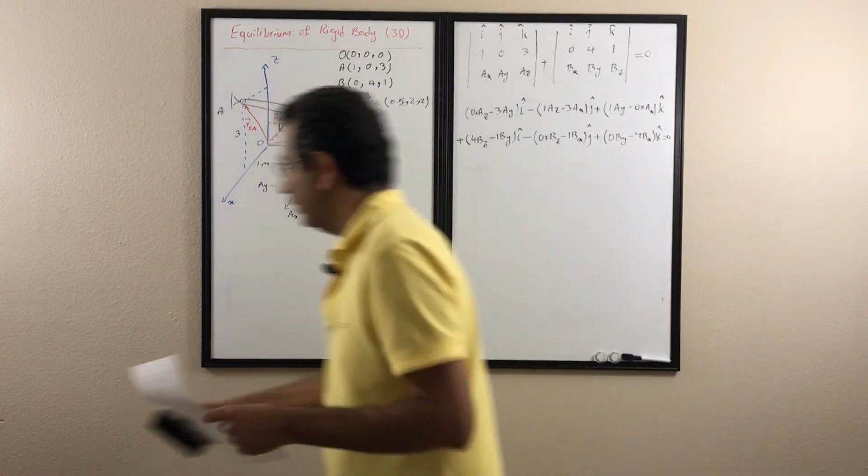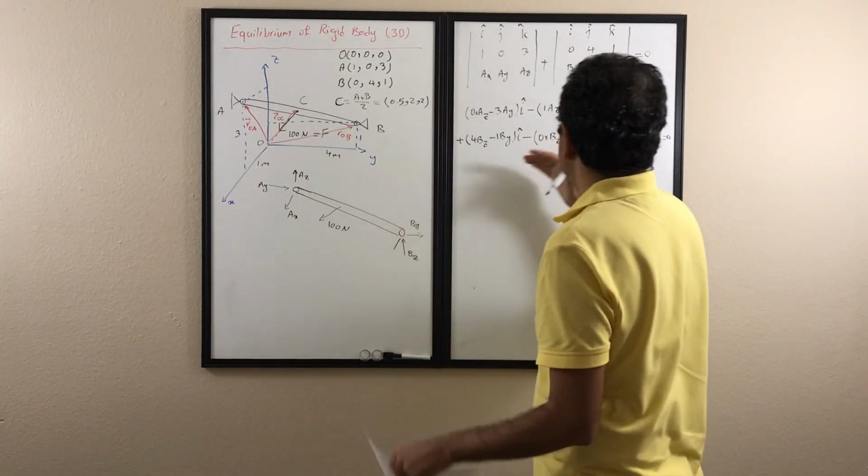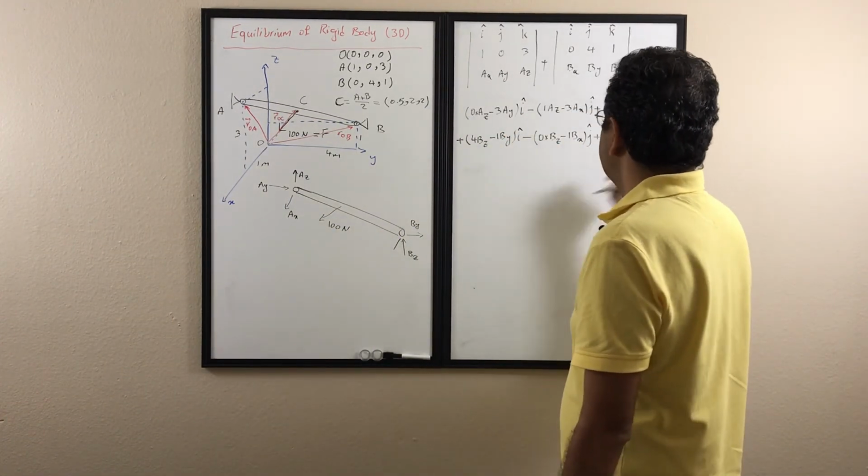Now I'm going to write all the I components together, all the J components together, all the K components together.